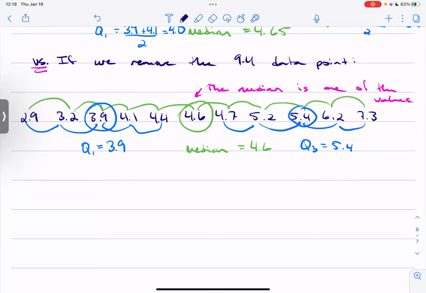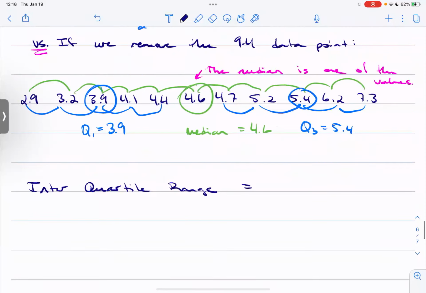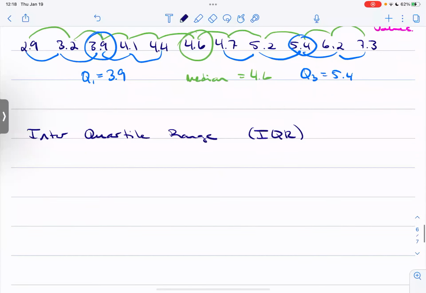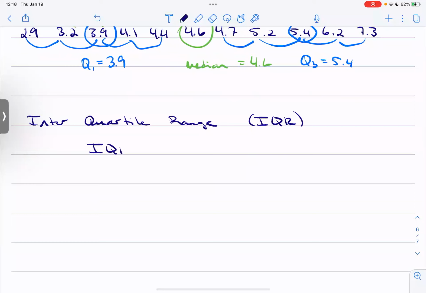That leads us to the interquartile range, the distance between the quartiles. The interquartile range, which is the IQR, is Q3 minus Q1. Why do I do it in that order? Just because I need it to be a distance, which is positive.